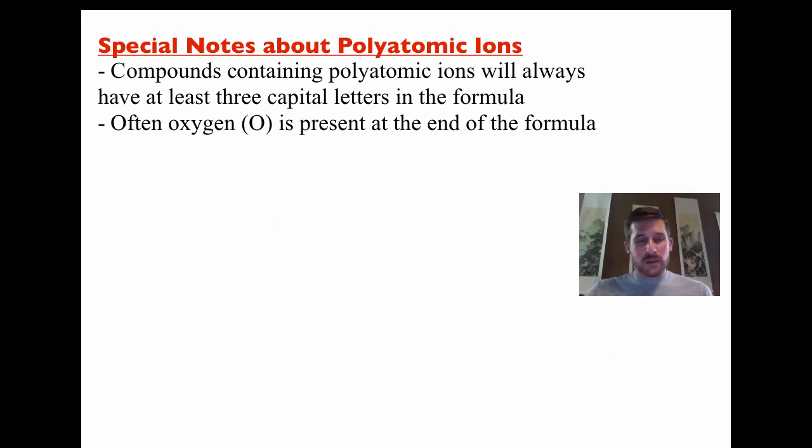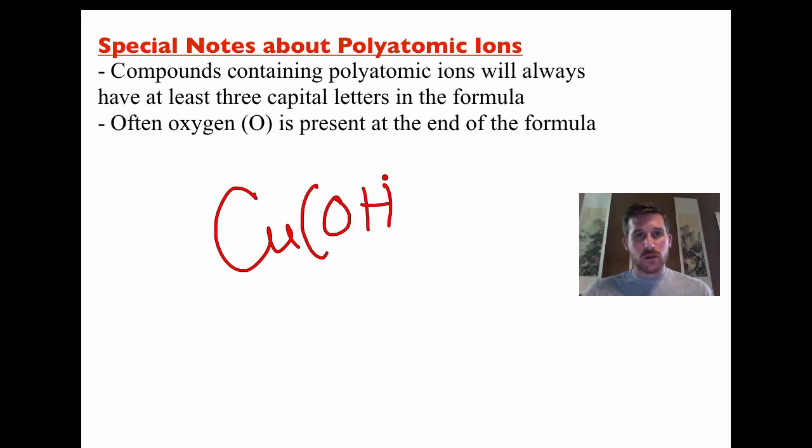Let's do one more just so you can see it. Maybe we'll do a type 2 polyatomic ionic compound. So let's go back to copper. Cu. And then let's put copper with OH. Make it like that. Okay? Alright, so again, I have 3 capital letters, Cu for the copper, O and H. So I know I have a polyatomic ion somewhere in there. When you see parentheses like this and then some letters inside, that can pretty much tell you right there you're looking at your polyatomic ion.